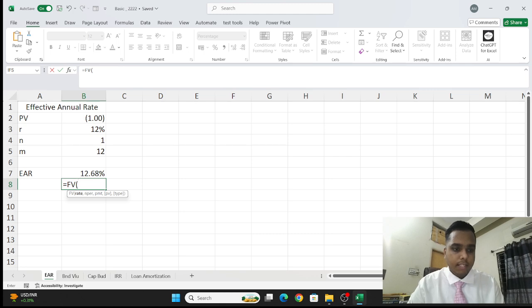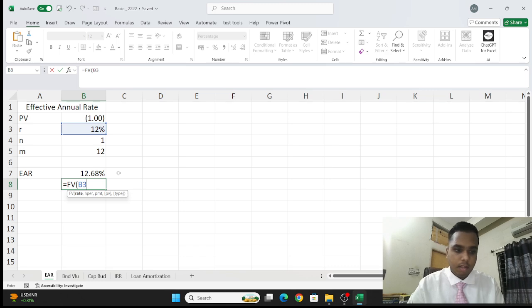Here we have to give the rate. From the given data, the rate is 12% and is in B3. So we have selected the rate, comma, N. Oh, sorry, there is M.